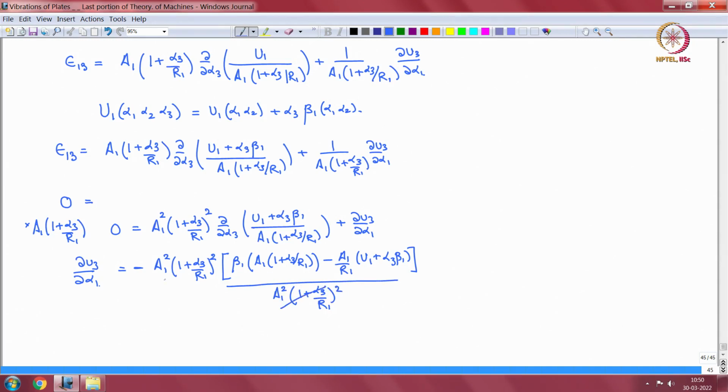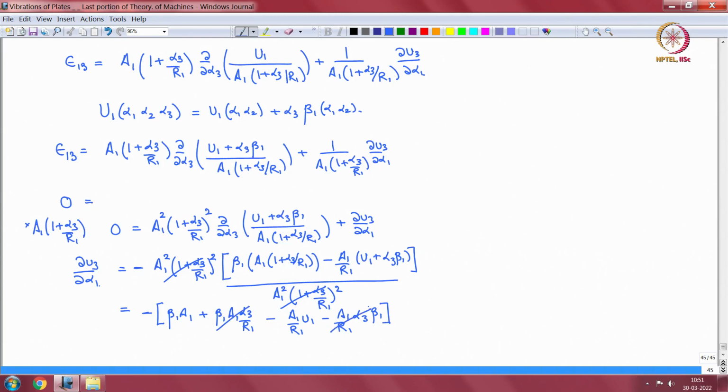So this goes with that and I get minus beta 1 A1 plus beta 1 A1 alpha 3 by R1 minus A1 by R1 U1 minus A1 by R1 alpha 3 beta 1. So this goes away.